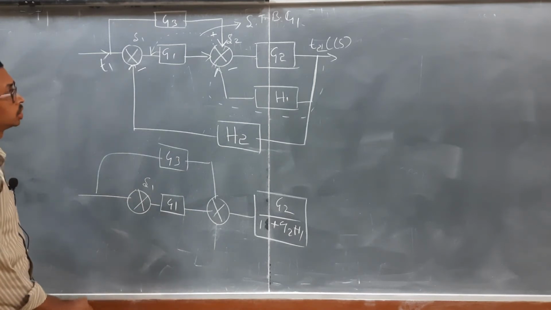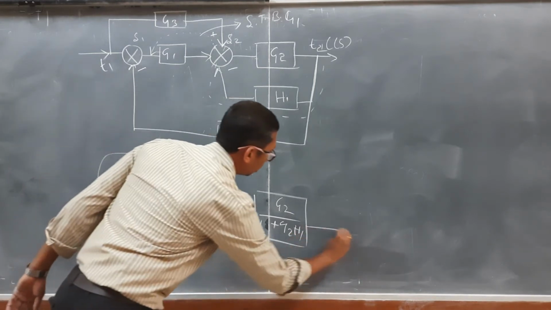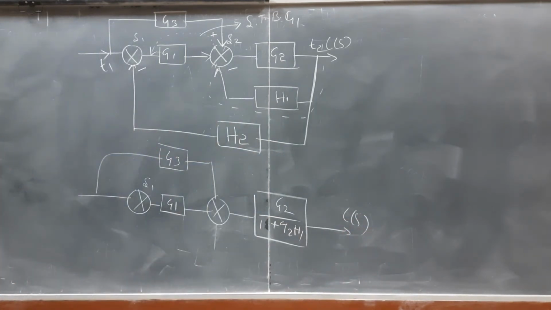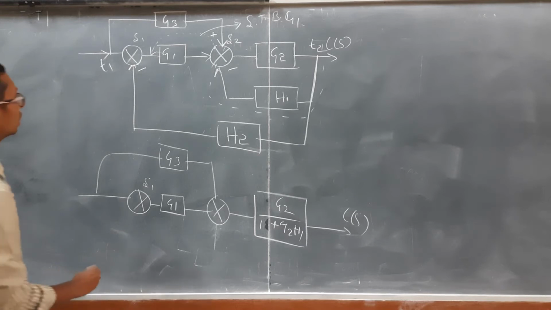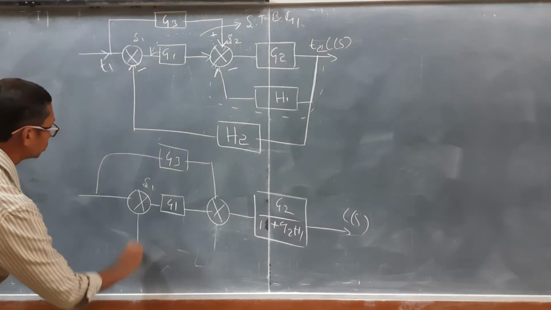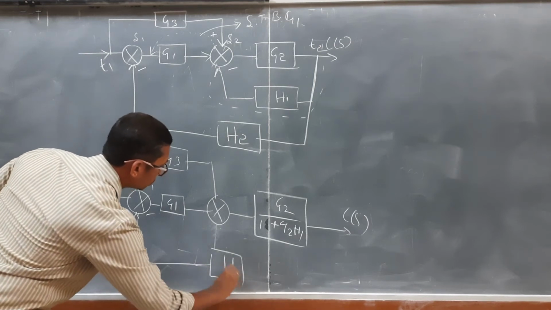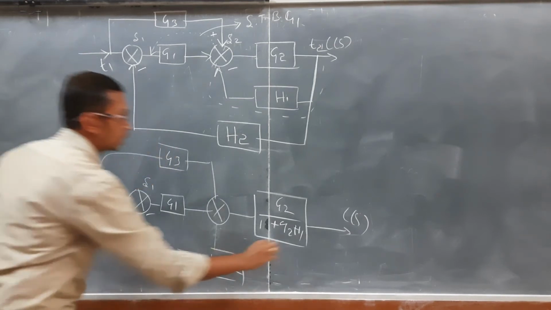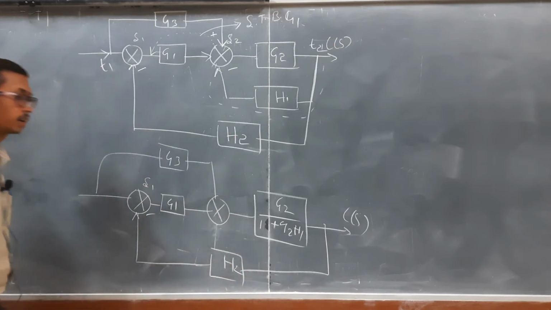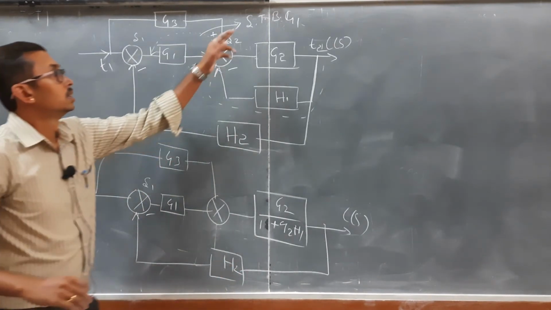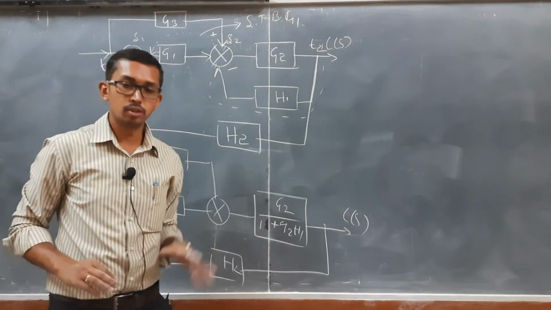Okay, so next it will be what? The output C of S, and here we have a negative, and this is the H2, and that's the takeoff. So this is what we have after applying the minor feedback loop.